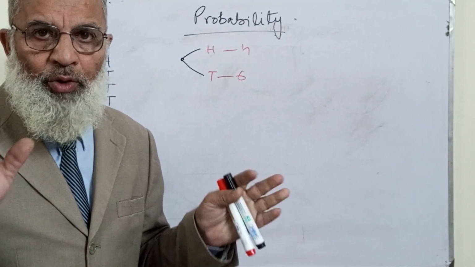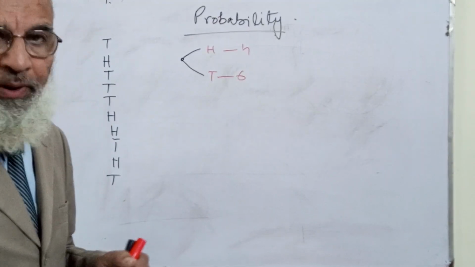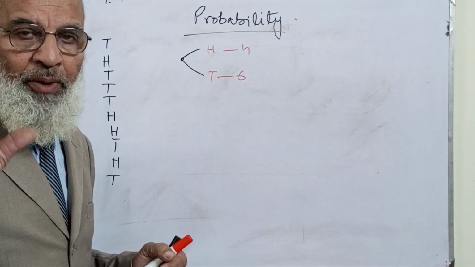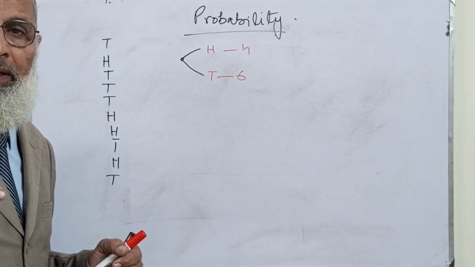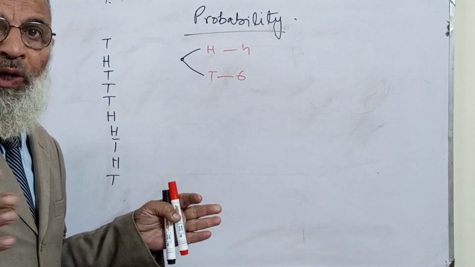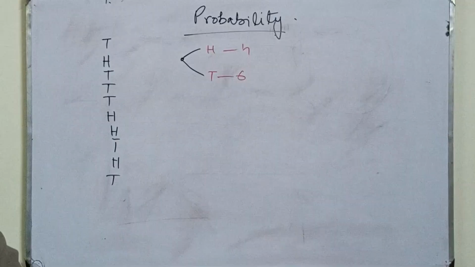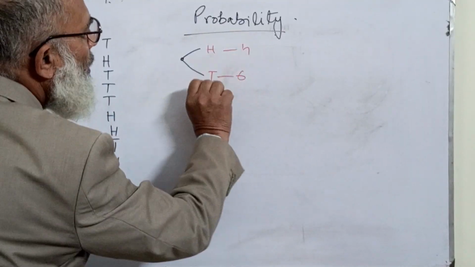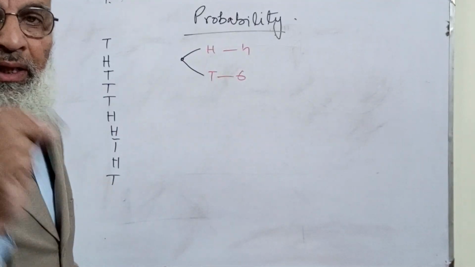When we are sure about the outcomes of the event, we can talk about the probabilities of certain outcomes, how likely they are. That means in the tossing of the coin, either the head will appear or the tail will appear.